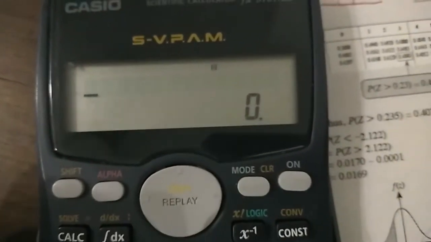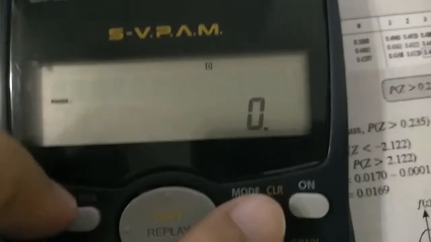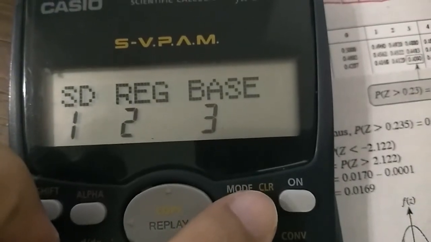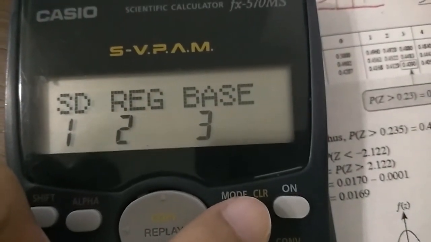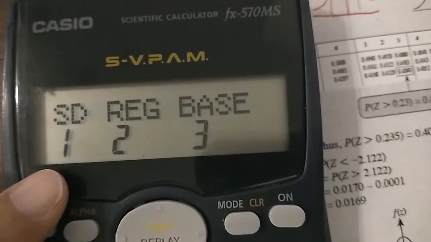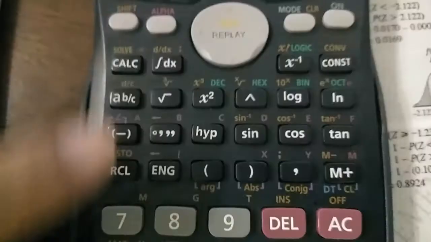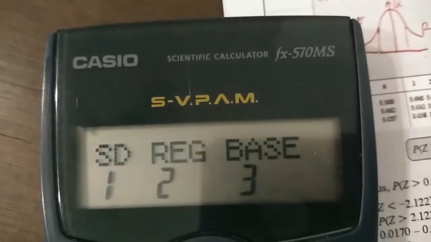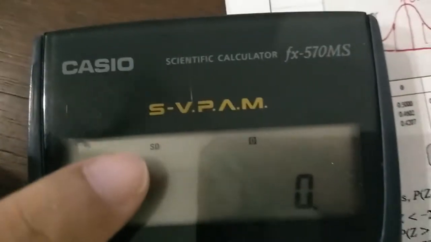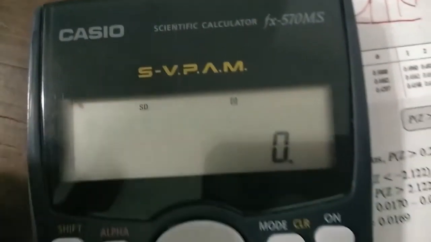Okay, now press mode. Okay, 2 times mode, we choose SD. SD 1. Okay, SD 1, and then we can see here mode SD.